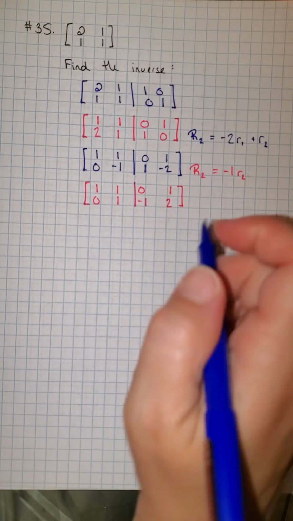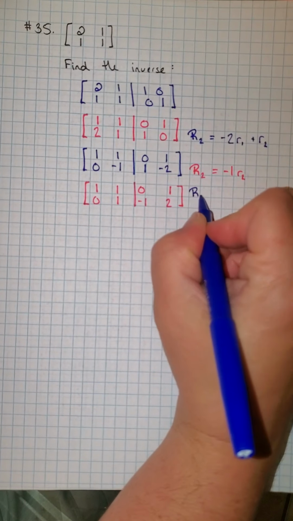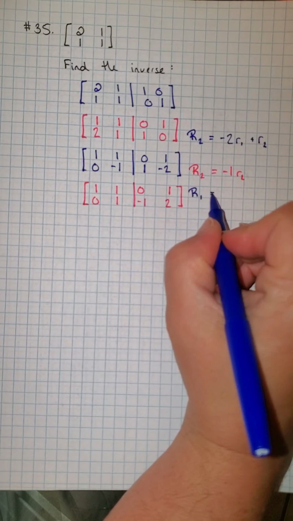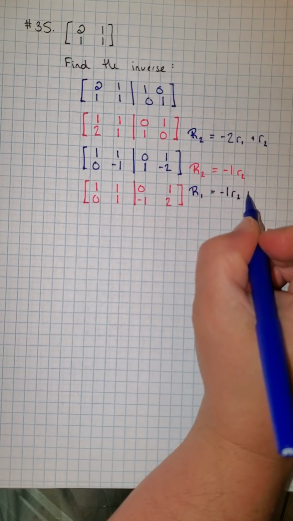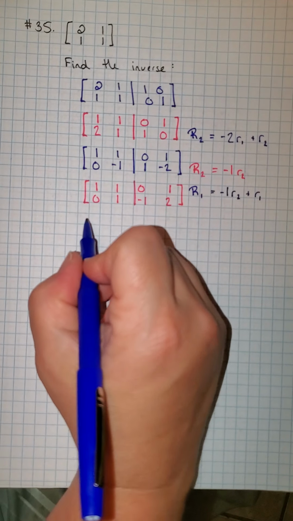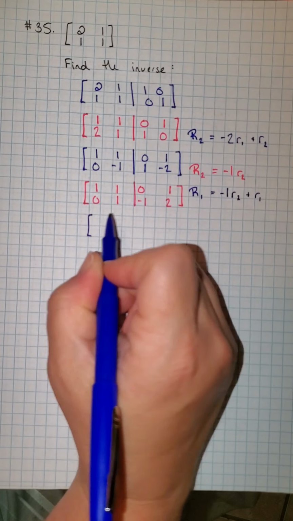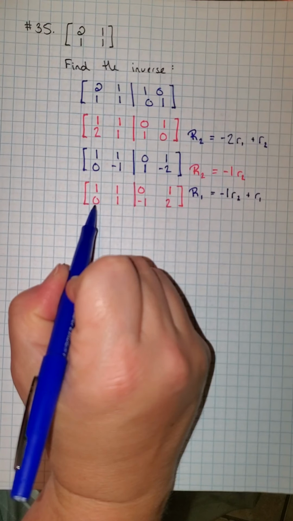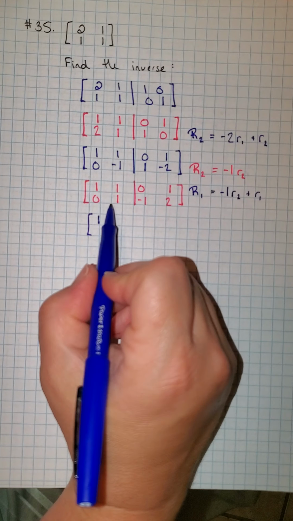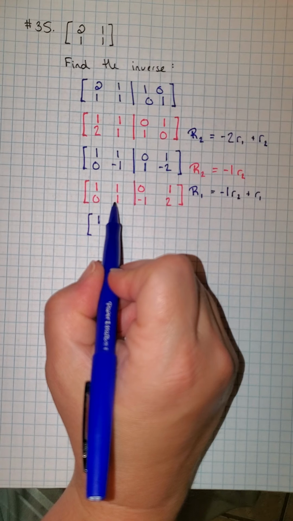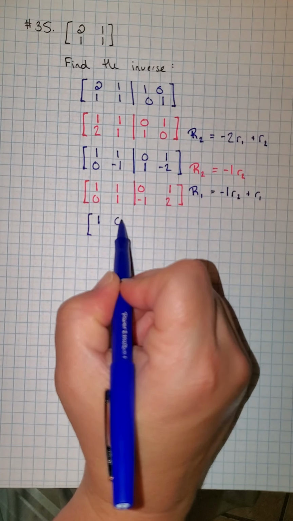So our new row 1 then will be negative 1 times row 2 and add it to row 1. So negative 1 times 0 is 0, plus 1 it stays 1, which we needed that to happen. Negative 1 times 1 is negative 1, plus 1 is 0.